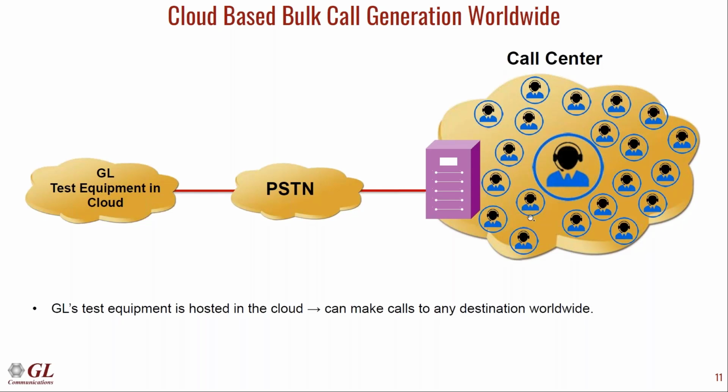We can give them statistics. We can give them reports. This is very flexible. Each call center is a little different in terms of what they want. But the bottom line is we can make these calls anywhere in the world because it's being routed through the public switch telephone network. So we can make these calls worldwide, and we're coming from the cloud.